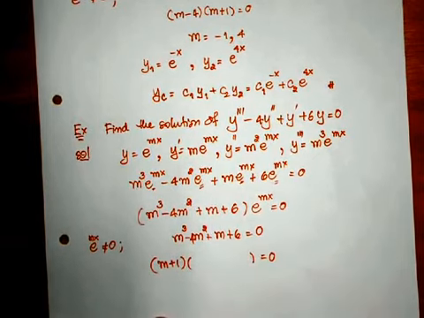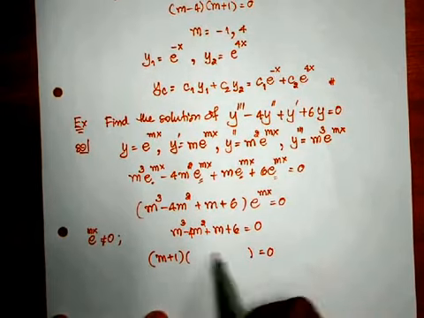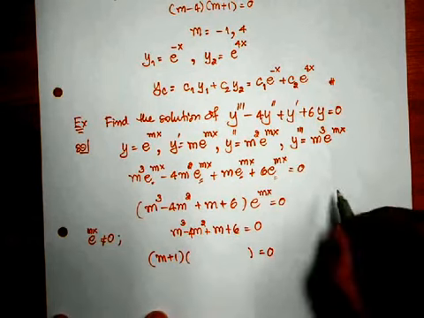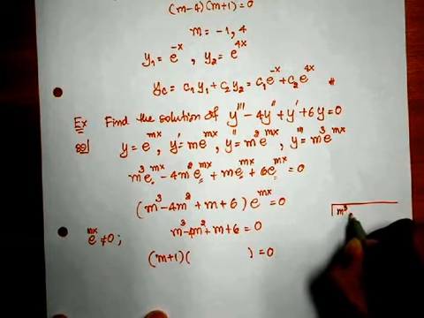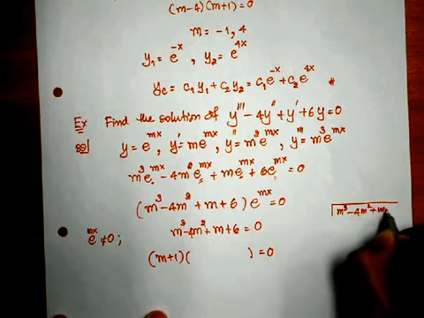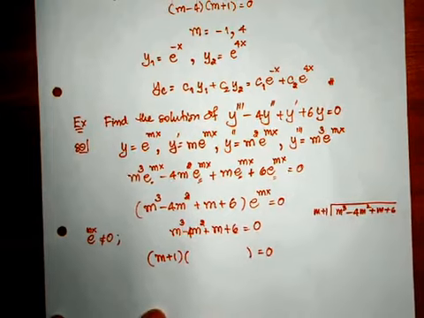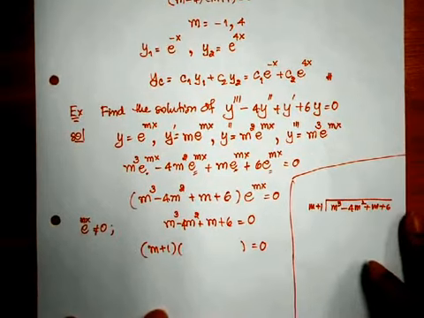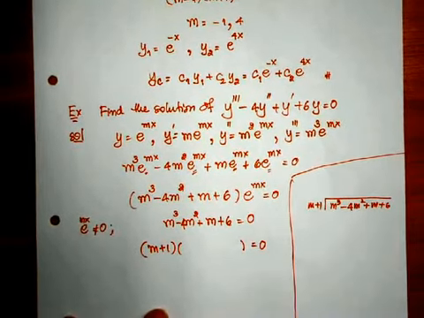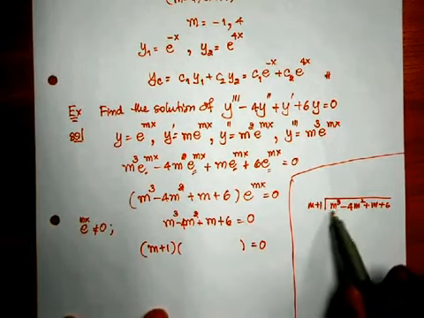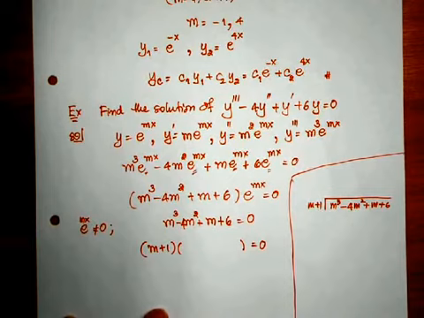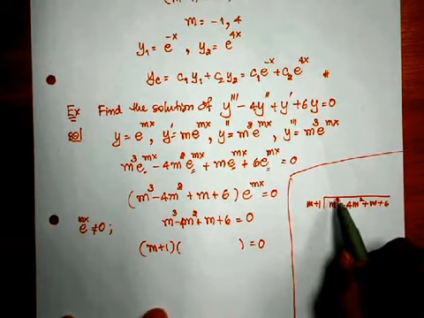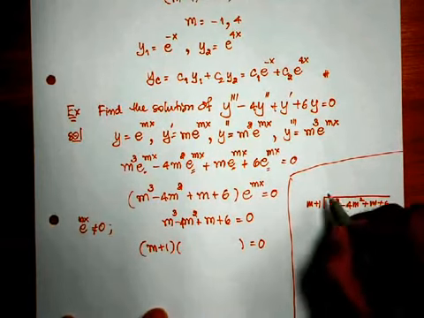To find what is in the other factor, you take this polynomial and divide it by m plus 1. Dividing is exactly the same as dividing numbers. You find something times m to get m to the power 3, which is m squared.